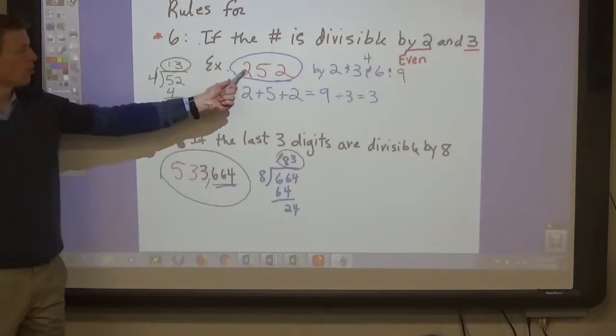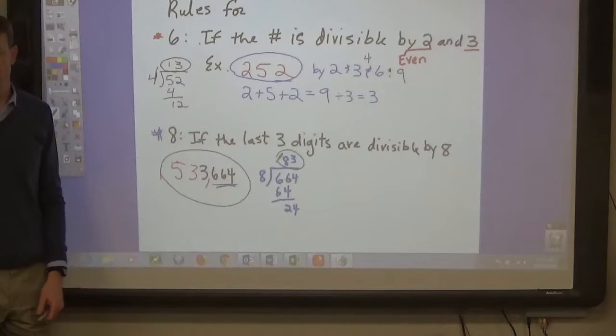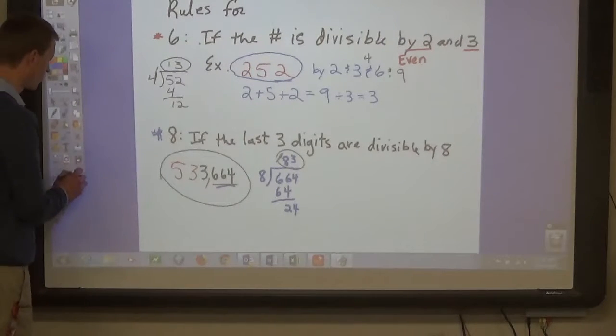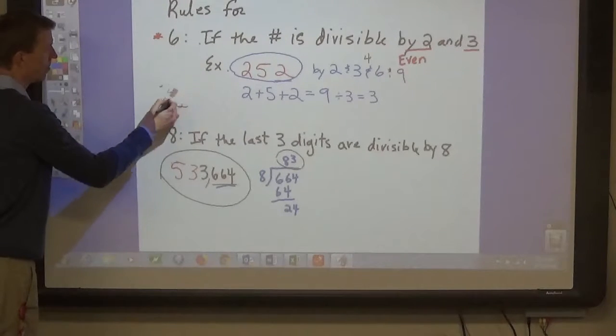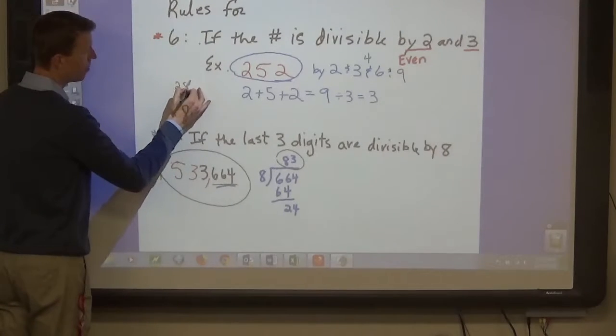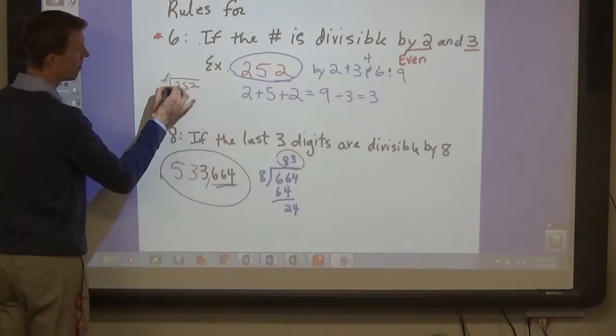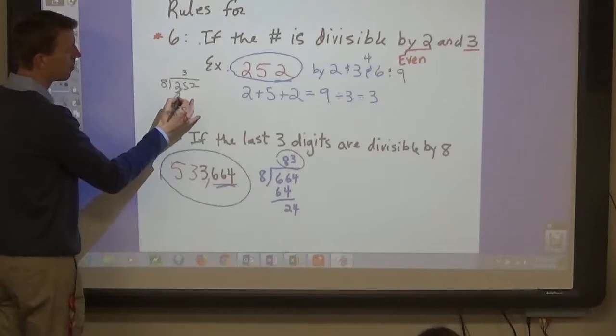How about this? 252, is that divisible by 8? How would you check that? You just have to do the division to check this one. So, I'll erase this and do 252 divided by 8. 8 goes into 25 3 times.